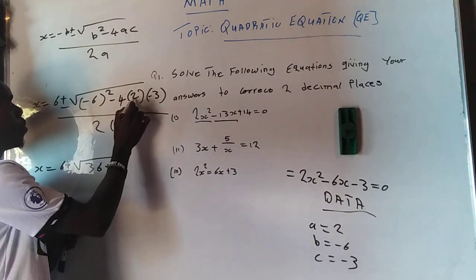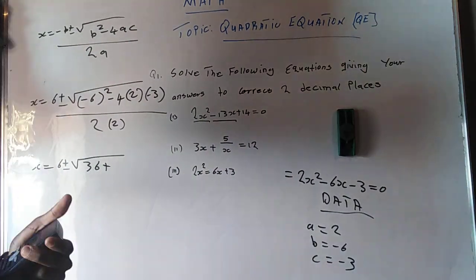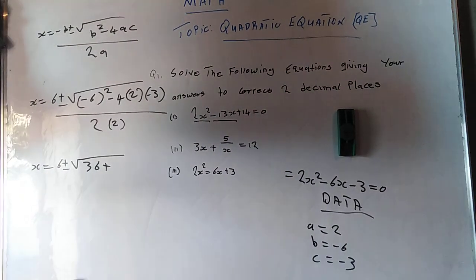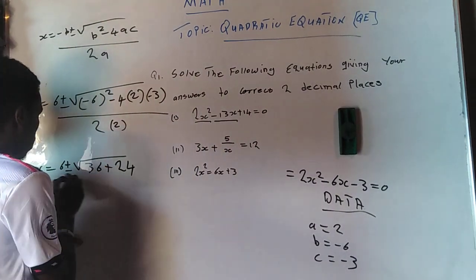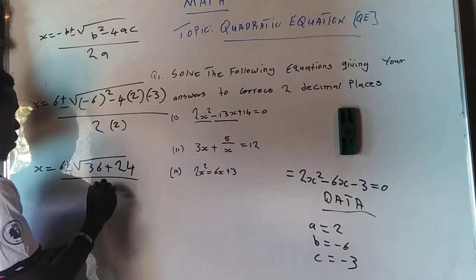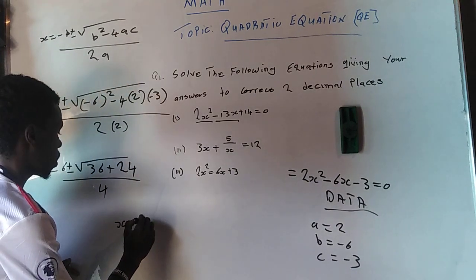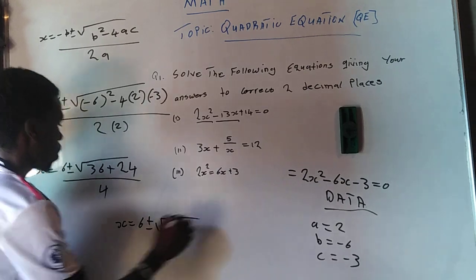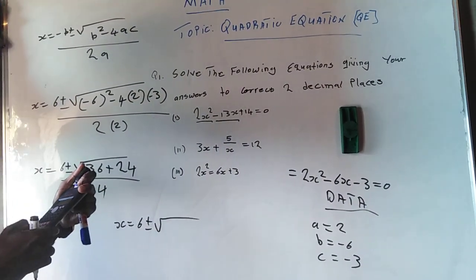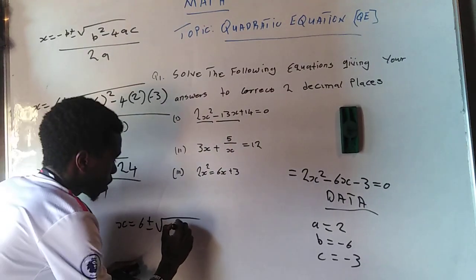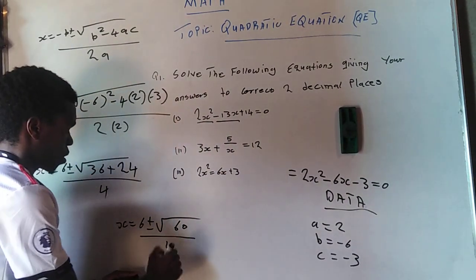So 4 times 2 is 8. 8 times 3, I'm going to come up with 24. Then 2 times 2, I'm going to come up with a 4. So x is equal to 6 plus or minus the square root of, what's 36 plus 24? I'm going to come up with a 60, over 4.